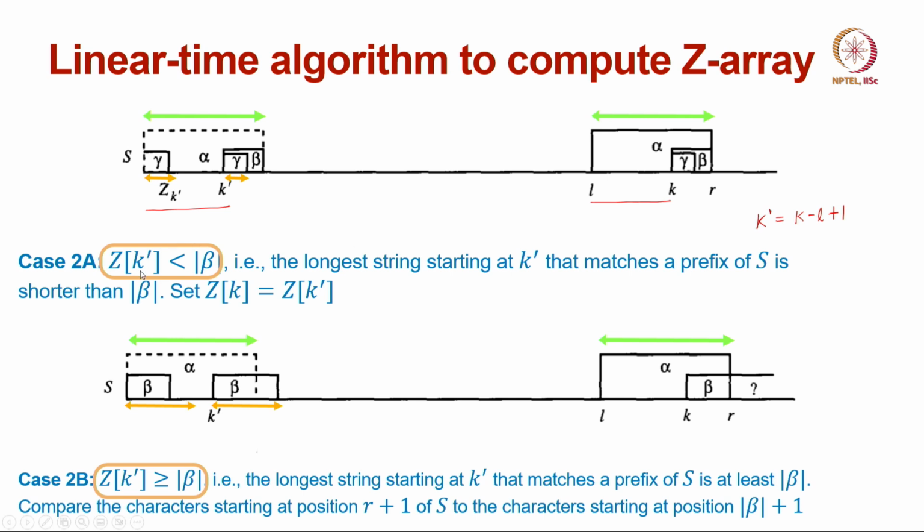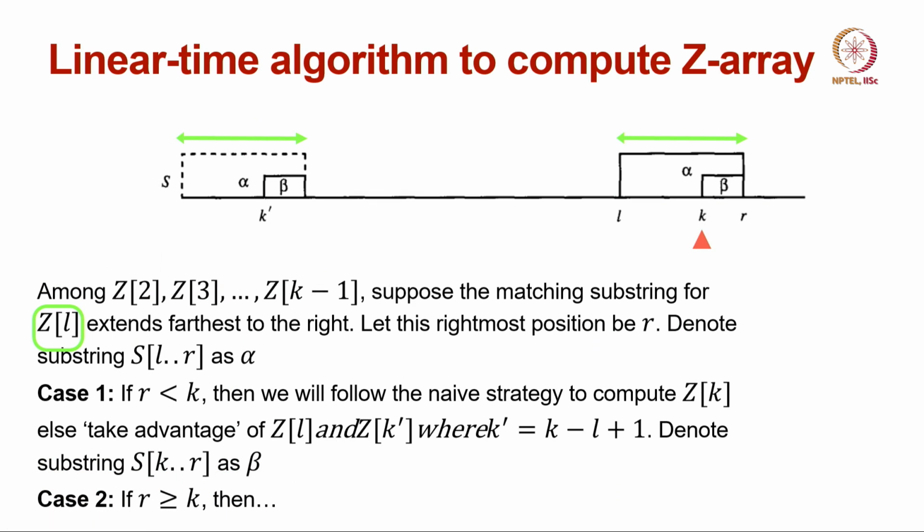Observe that if Zk dash is less than beta, I forgot to mention that we will denote the substring from K to R as beta. So this substring starting from position K until position R in S will be denoted as beta.